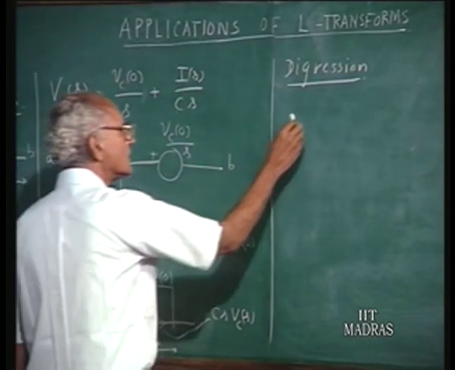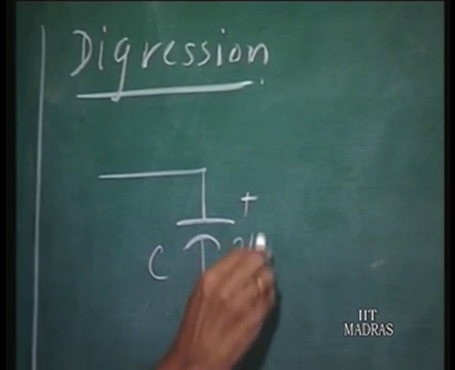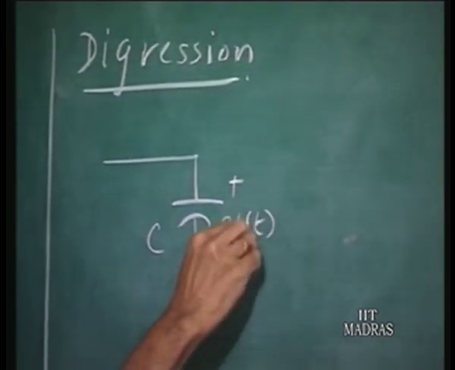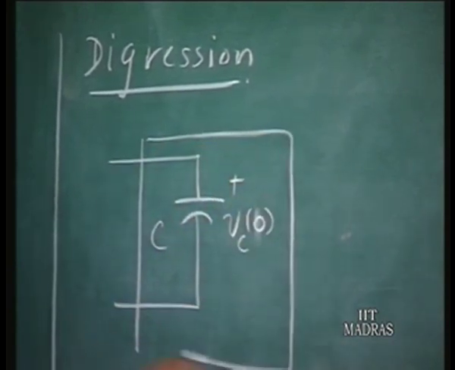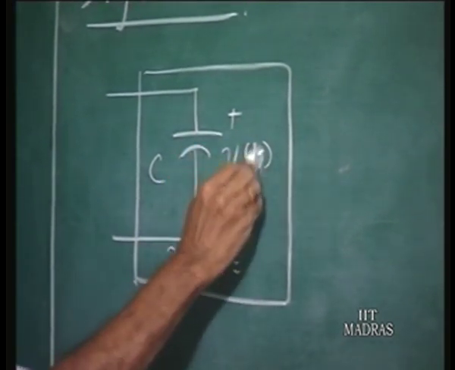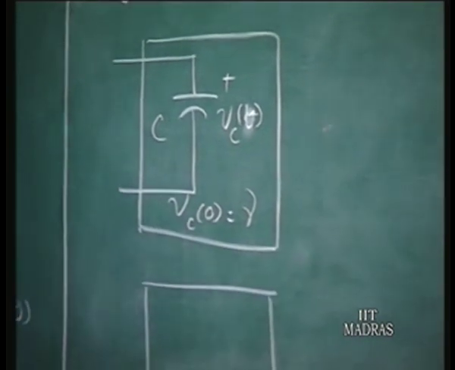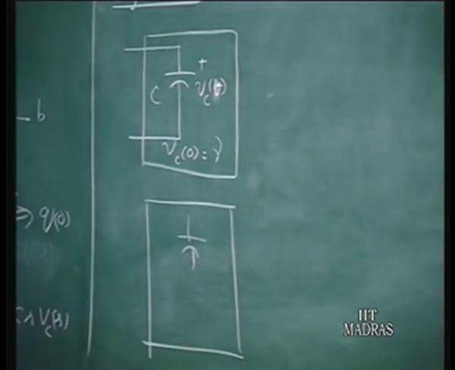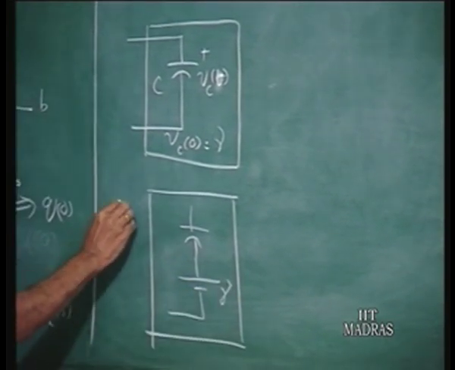Suppose I have a capacitor which is charged. The initial voltage on the capacitor, this is Vc of t, suppose is gamma. I enclose this capacitor in a black box. Now let me take another situation where we have an uncharged capacitor in series with a voltage source equal to gamma, a DC voltage source.